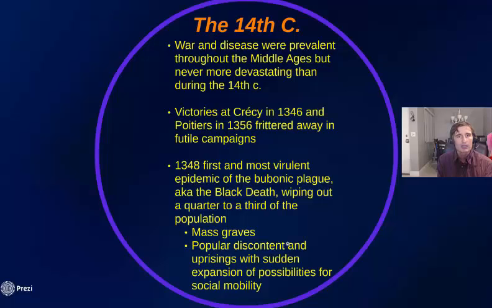So there are campaigns by the Anglo-Normans in 1346, where there are victories at Poitiers, taking parts of the lands of France, but even those get lost eventually because they're frittered away. Other things are going on. 1348, first and most virulent epidemic of the bubonic plague, that is the Black Death, wiping out a quarter to a third of the population.